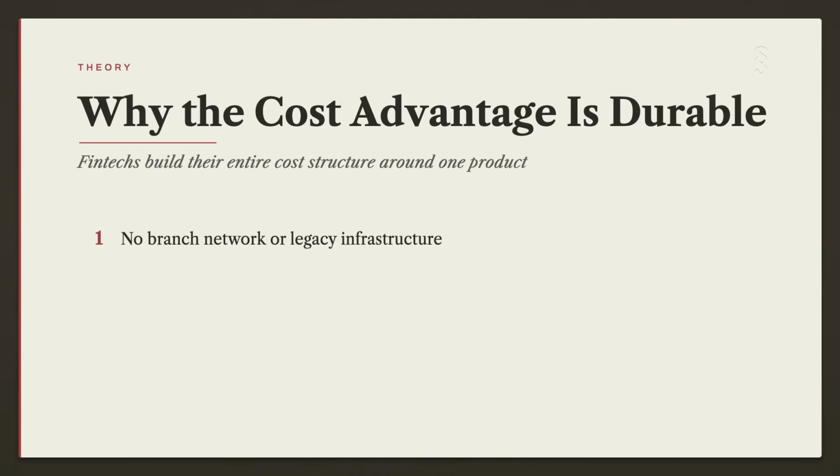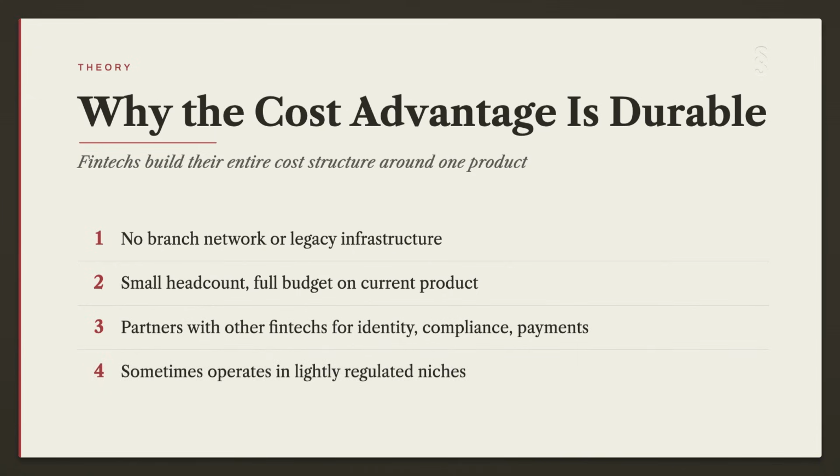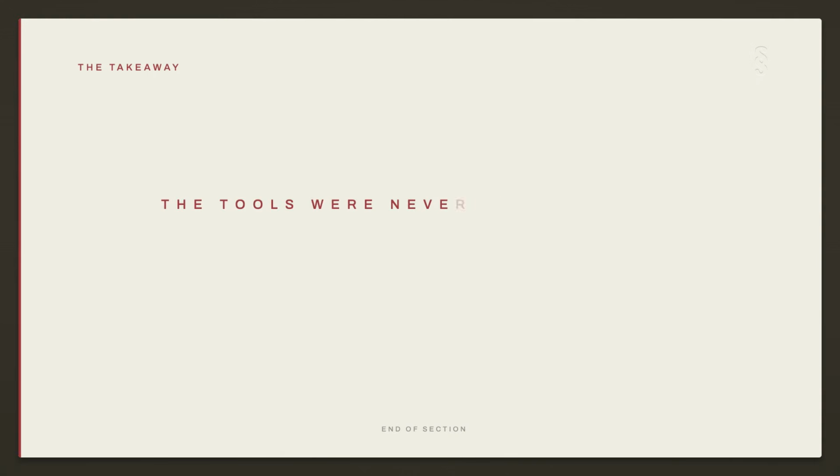A fintech has no branch network, no legacy infrastructure, and a tiny headcount, so its entire budget goes to the current product. It also shares costs by partnering with other fintechs for identity verification, compliance, and payments, and some operate where regulation is lighter, though that edge tends to fade.